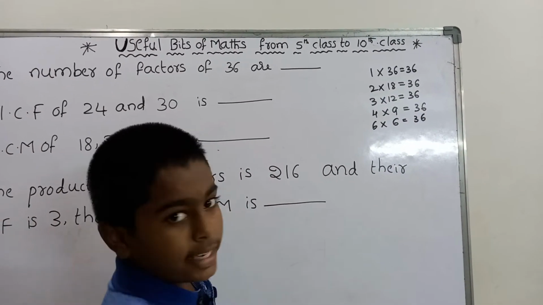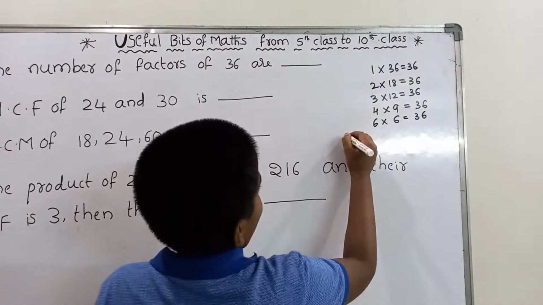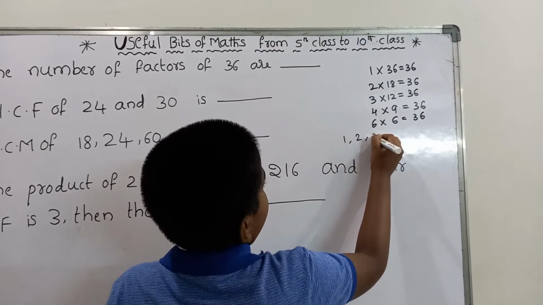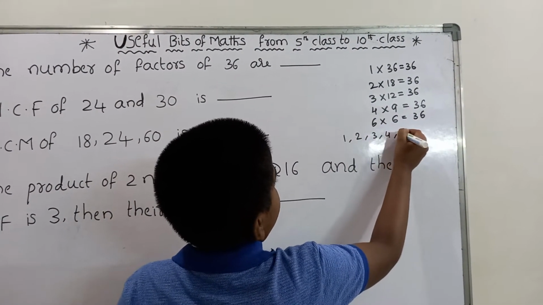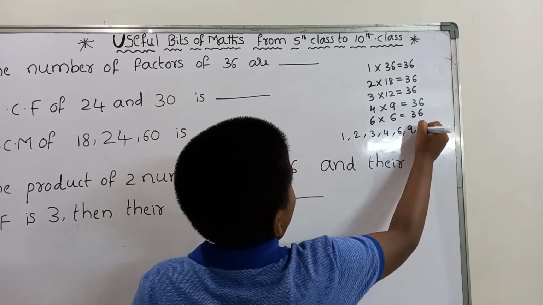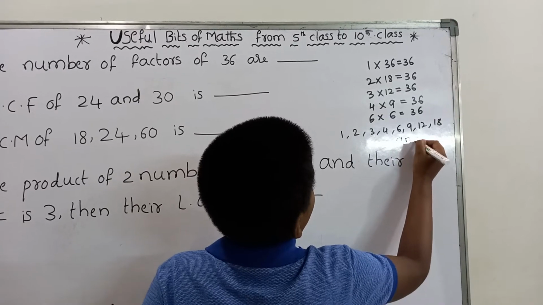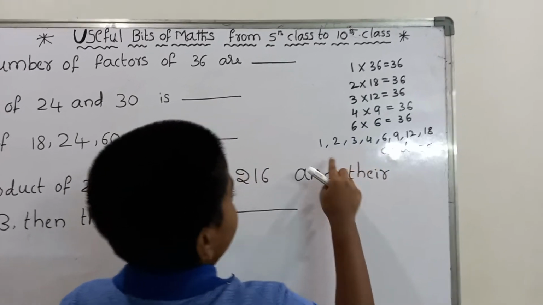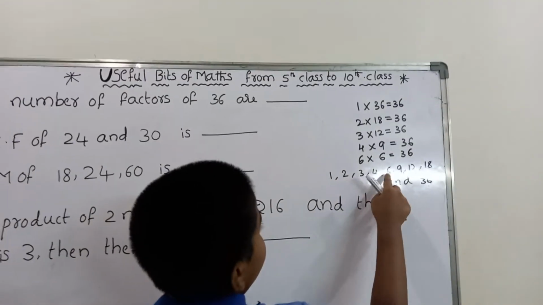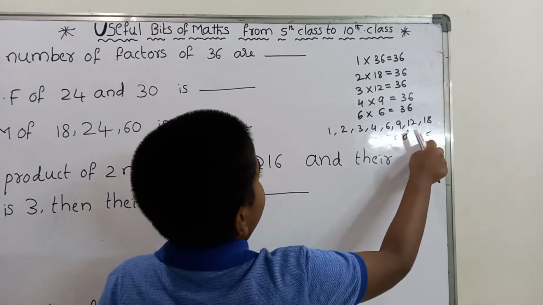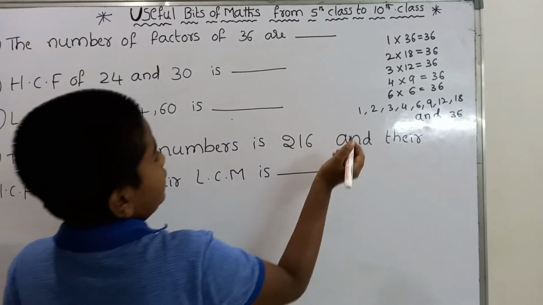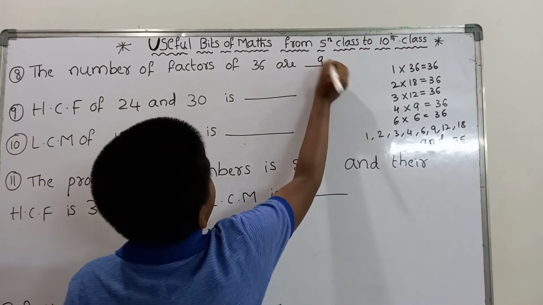Here the factors of 36 are 1, 2, 3, 4, 6, 9, 12, 18 and 36. Counting 1, 2, 3, 4, 5, 6, 7, 8, 9, there are 9 factors for 36.